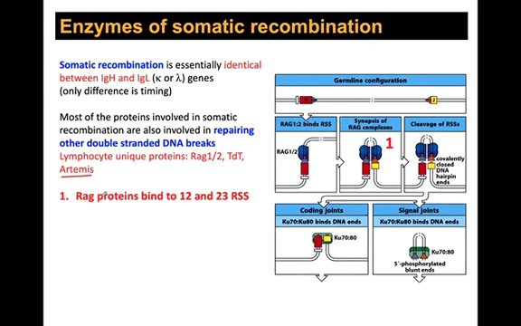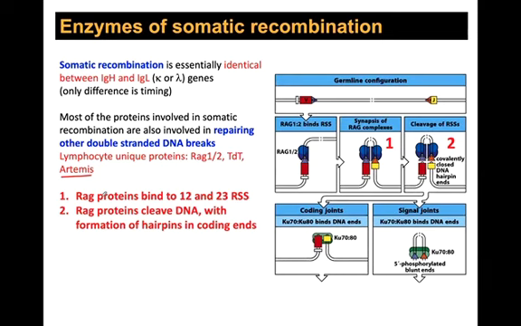So the RAG proteins bind to the 12 and 23 RSSs, and then they bring those together, so that you're pairing up the 7-mer and the 9-mer so that you're making sure they fit. And then RAG2 is recognizing that bulge and is cutting the DNA. Okay, so that's really all the job of the RAG proteins.